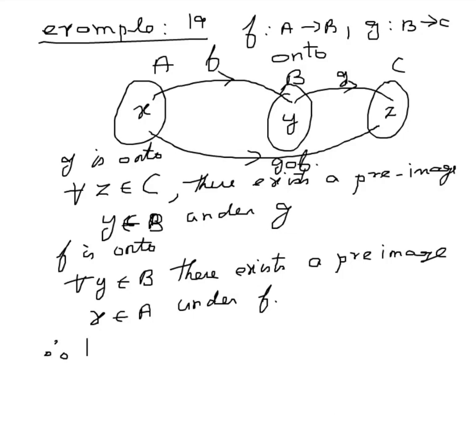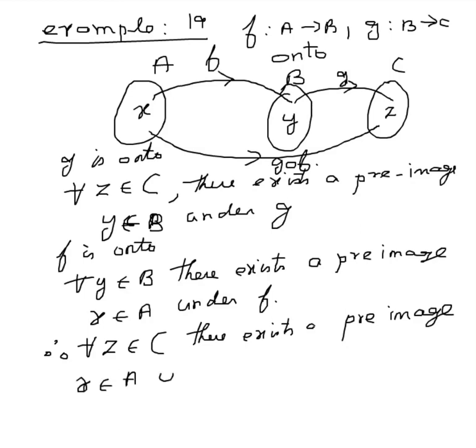Therefore, I can conclude that for every z belonging to C, there exists a pre-image x belonging to A under g composite f. Therefore, g composite f is also onto.